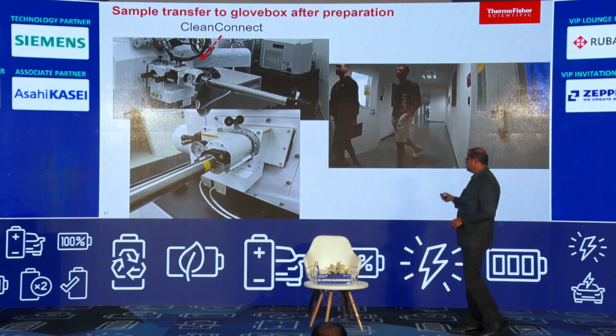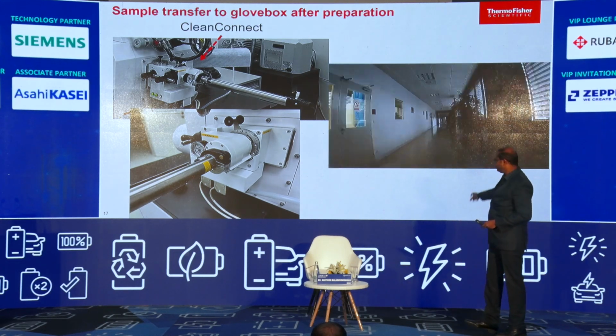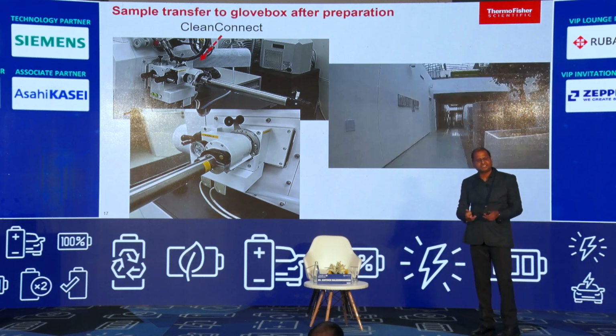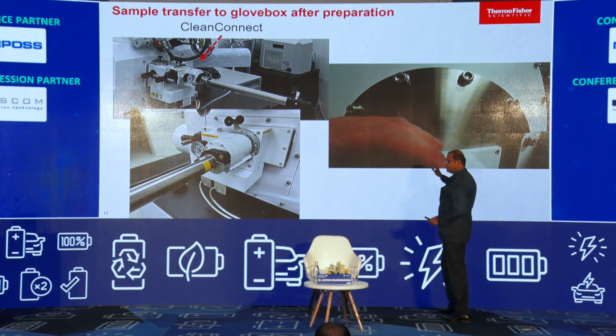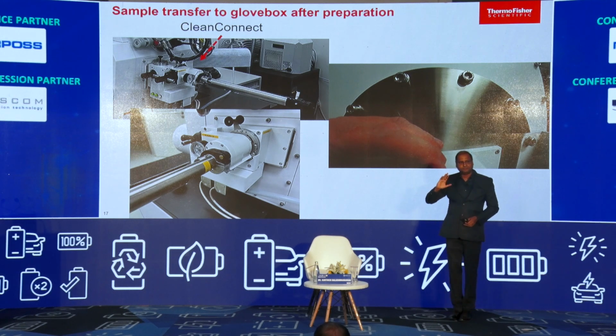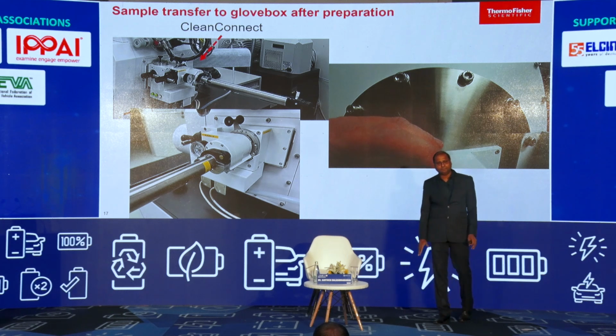This video clipping shows that once you take it out, we go to the glove box and change the sample to a TEM holder, and this lab is about 300 meters away from the dual beam. The dual beam and the TEM rooms are about 300 meters apart.